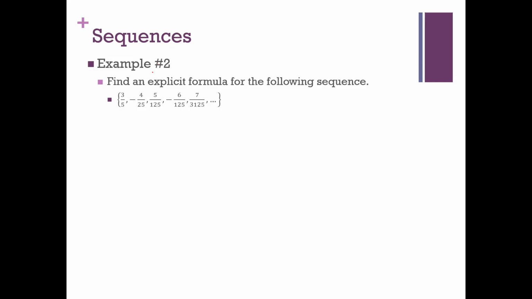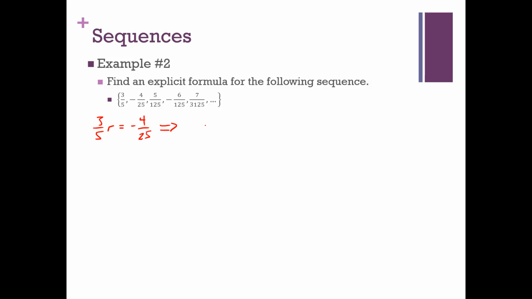Let's test it. What do I multiply 3/5 by to get negative 4/25? Okay, so it's definitely alternating.